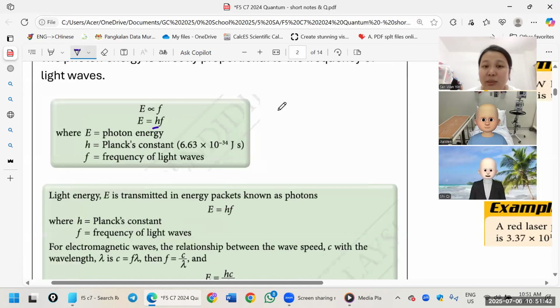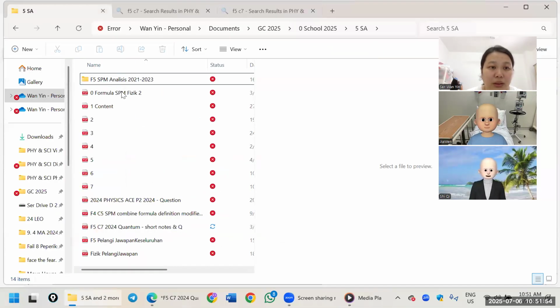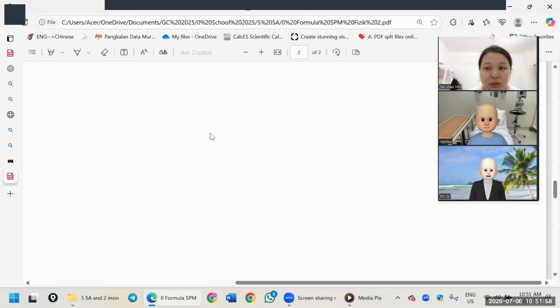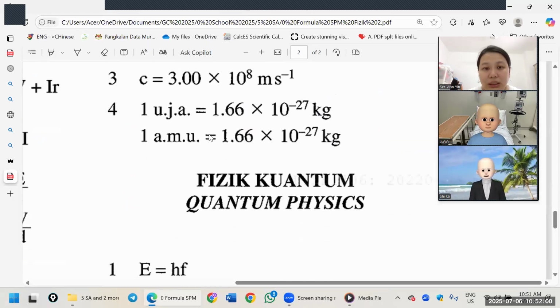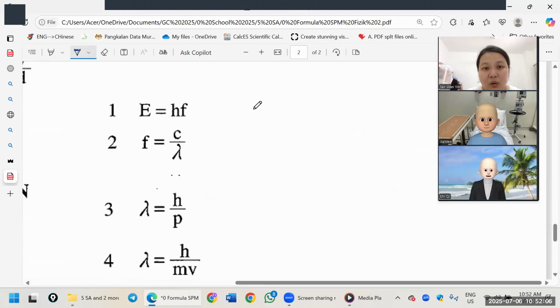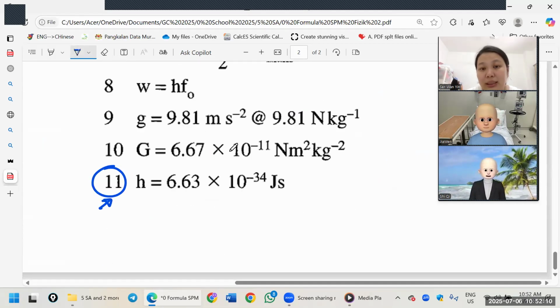Planck found that no matter what color of energy, the proportion is always the same. If you forget, you can find it in your formula list under quantum number 11.